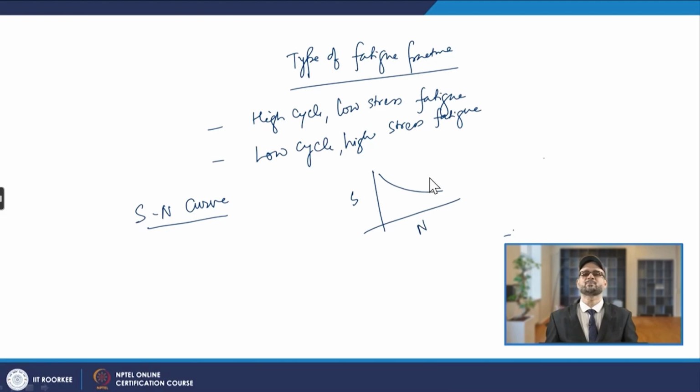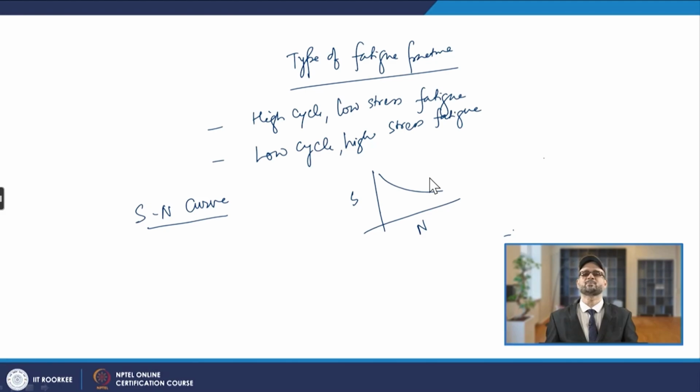So we can find out this fatigue life by using an S-N curve. S is the stress value, N is the number of cycles applied. There are two classifications: high cycle low stress, and low cycle high stress.